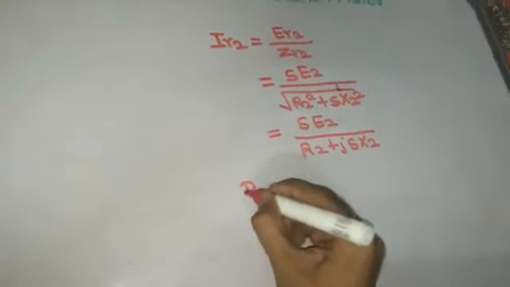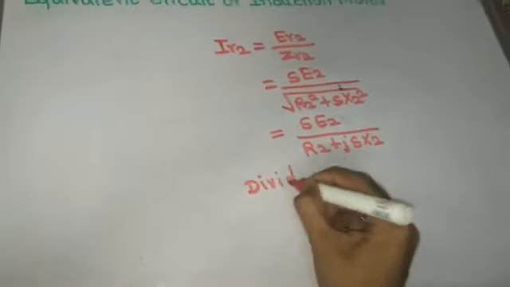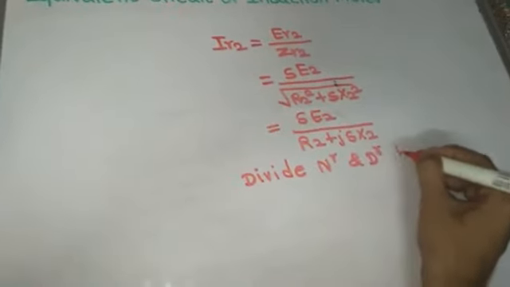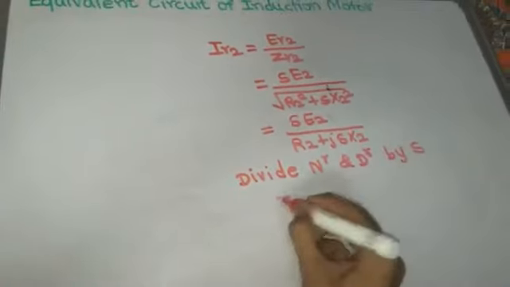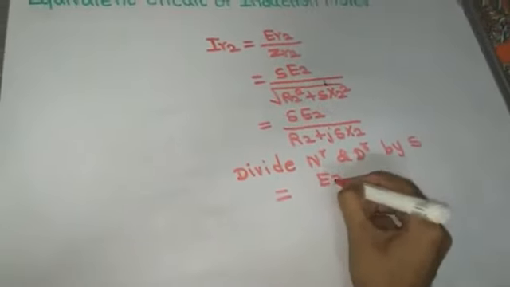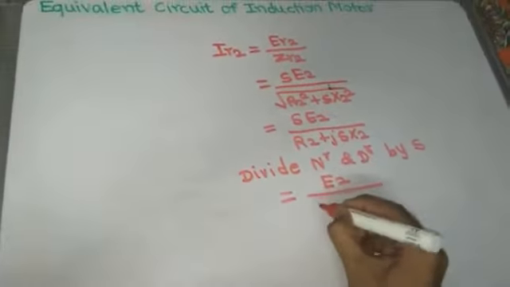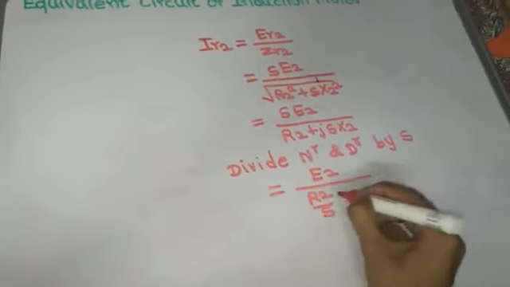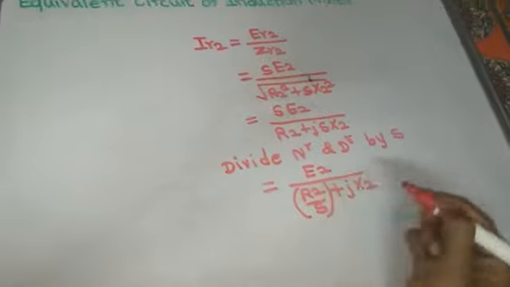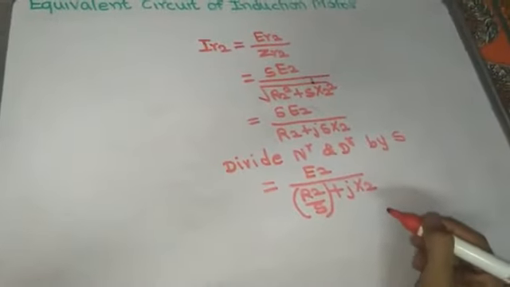So now divide the numerator and denominator by slip S. After dividing, we get E2 divided by (R2 by S plus j into X2). E2 divided by R2 by S plus j X2.